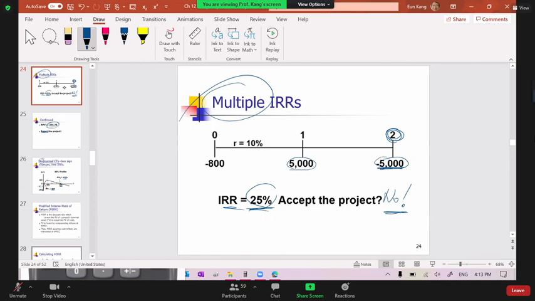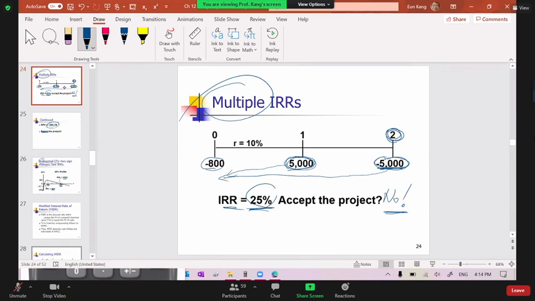The present value of this will be small, right? But the present value of this will still be high because it's just one period. This is 2 period discounting. So the present value of 5,000 dominates these negatives, so that present value is positive.